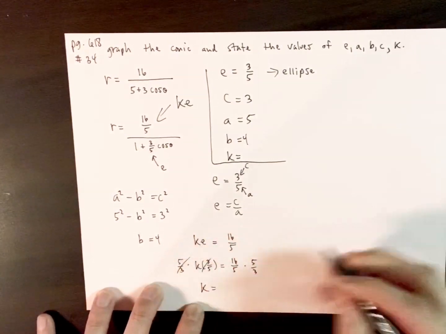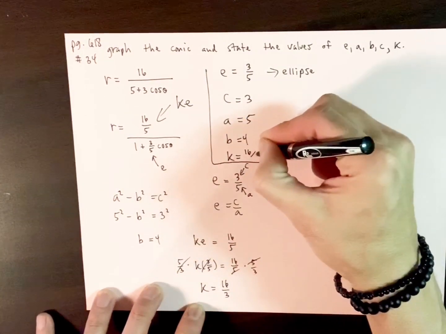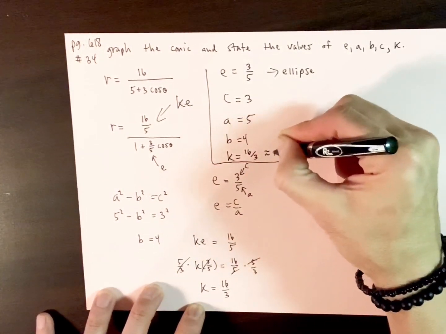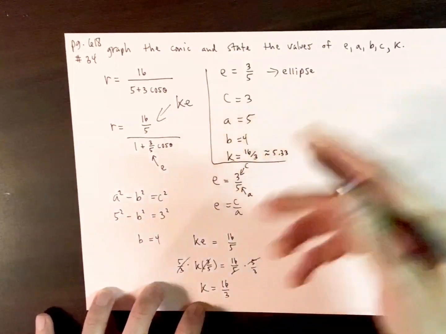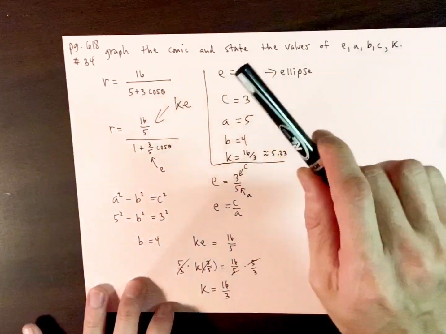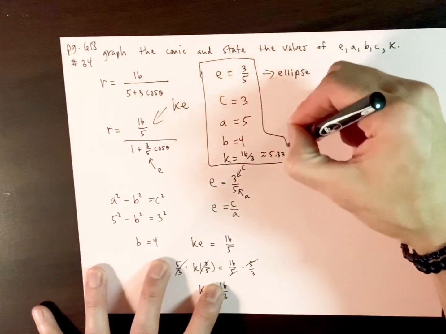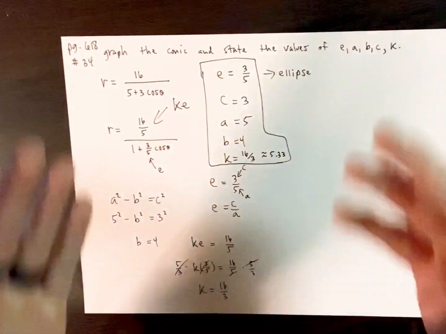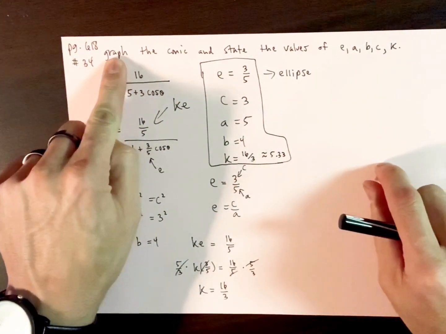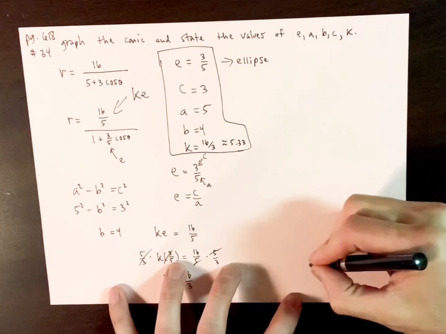So K equals 16 over 3, which FYI, is about 5.33, and so on and so forth. So we have E, A, B, C, and K, little shopping list there. Now, what good do these numbers do for us? They help us to make a graph. So let's focus the rest of this video on making the graph.